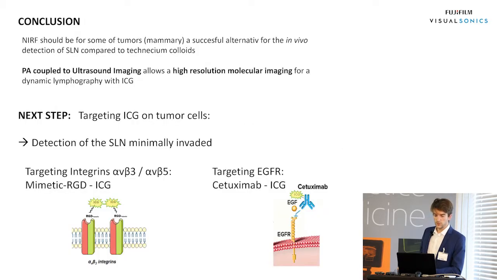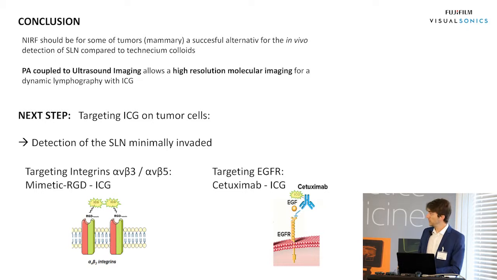So as a conclusion, fluorescence should be for some tumors a successful alternative for the in vivo detection of sentinel lymph node as compared to technetium colloids. And photoacoustic coupled with ultrasound imaging allows a higher resolution molecular imaging for dynamic lymphography of ICG.